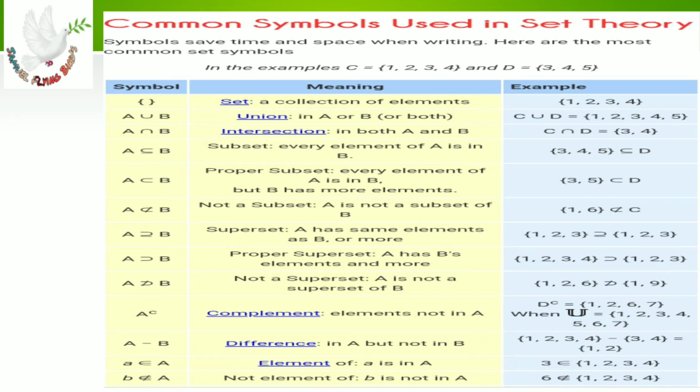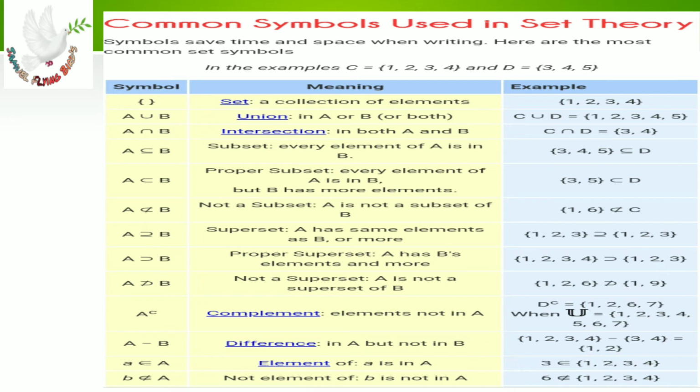A proper subset: A proper subset of B means every element of A is in B. For example, {3, 5} is a proper subset of D.